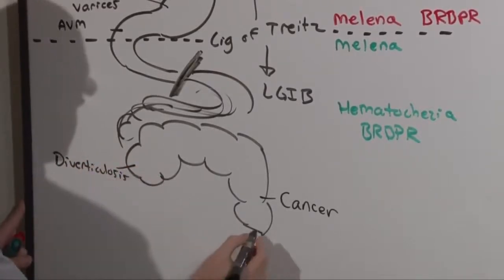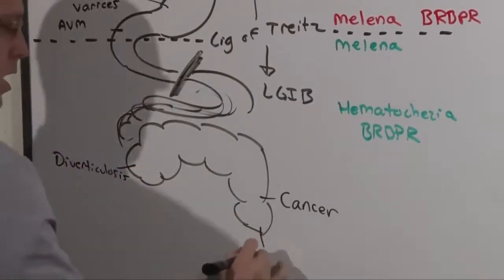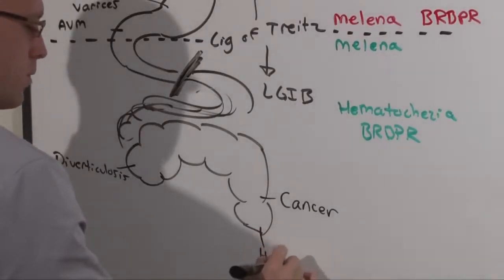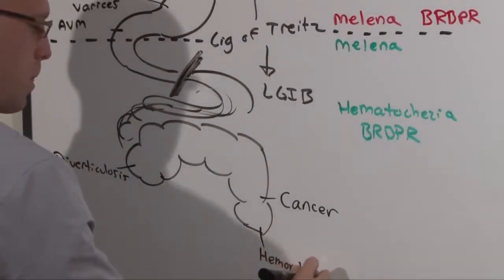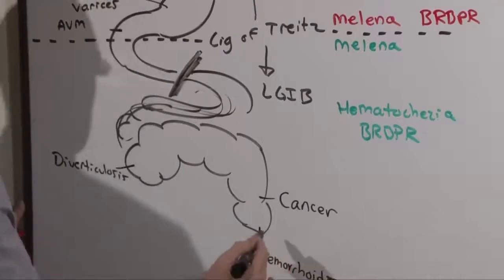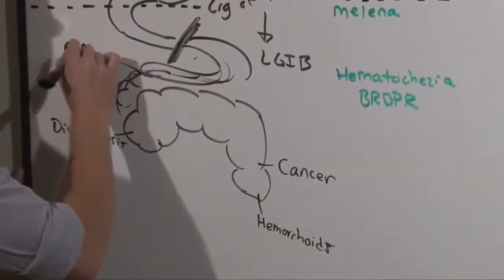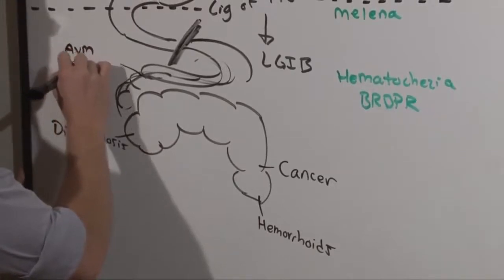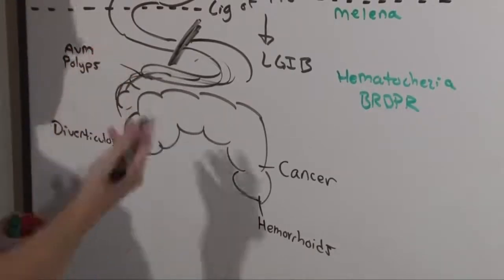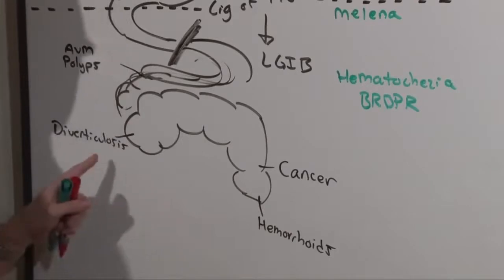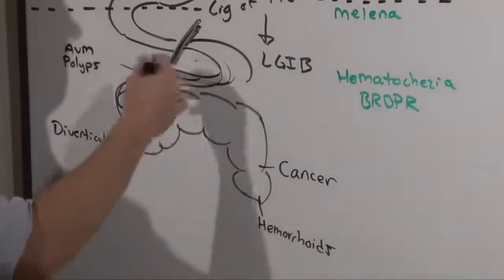You don't want to be that internist who misses the hemorrhoids. And of course, AVMs can occur anywhere. This also can be polyps, because polyps can occur anywhere. Not cancerous polyps, but just hamartomas that occur anywhere.